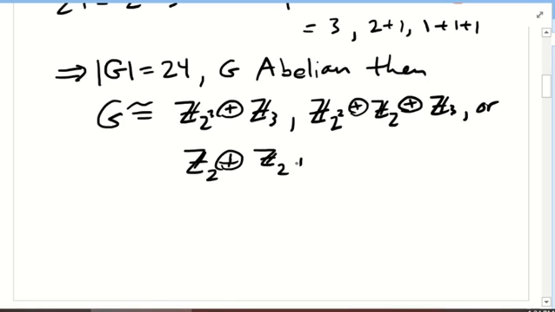Order 6. That means all these guys are Z mod 2s, and that's a Z mod 3.